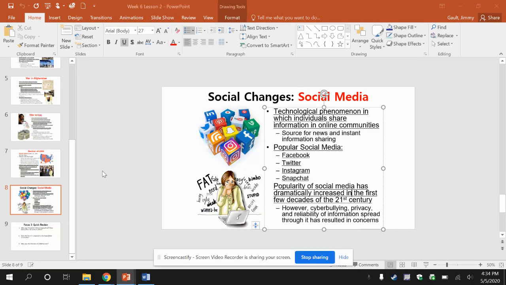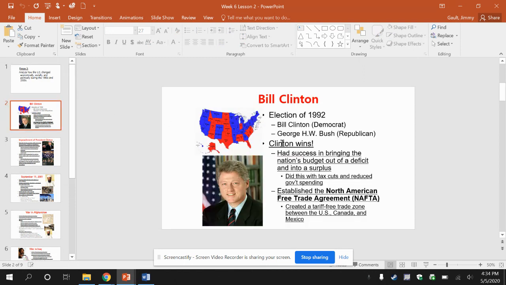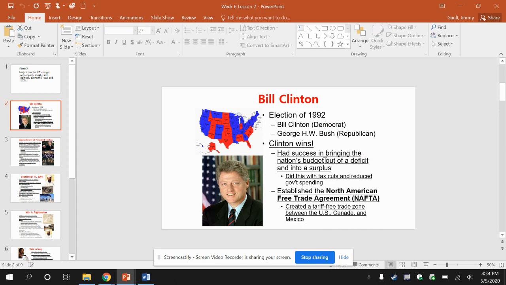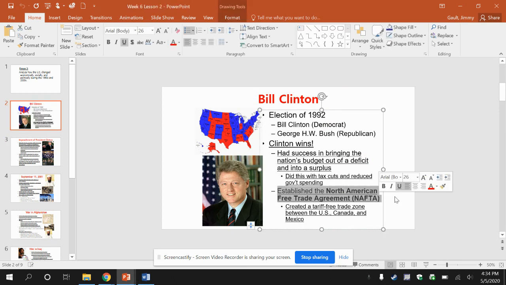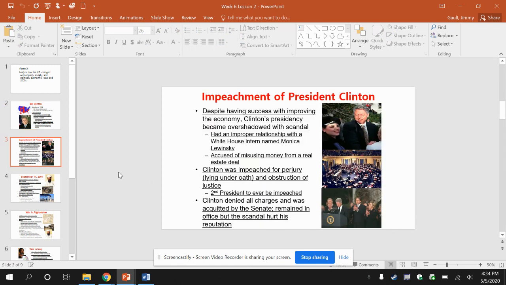The last part of the quiz is going to be over this last PowerPoint. You have President Clinton. I can't remember the question. I don't think there's a question specifically about his impeachment. One of the good things that President Clinton does is NAFTA, the North American Free Trade Agreement.